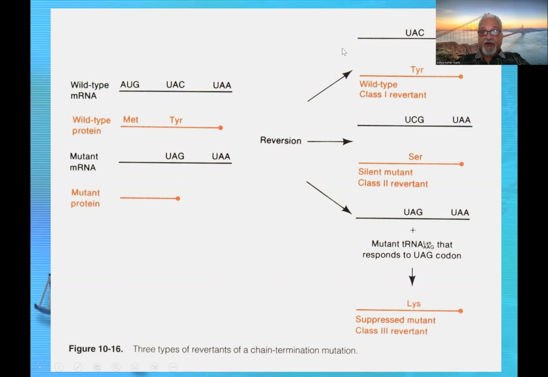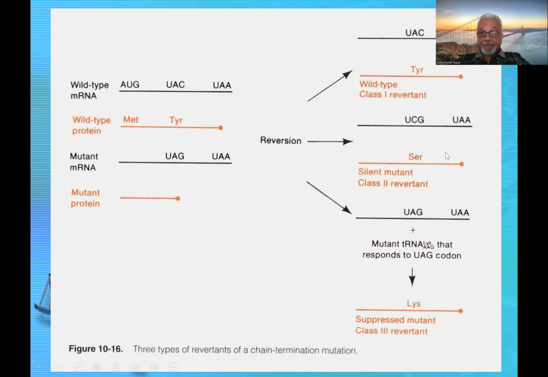So this UAG mutated version, this is forward mutation from wild type to mutant, and from mutant, reverse mutation, back mutation or reversion is taking place because of the precise change. So UAG is converted back to UAC because of mutation. Again, G is getting converted to C. True reversion. Okay, so this is class 1.